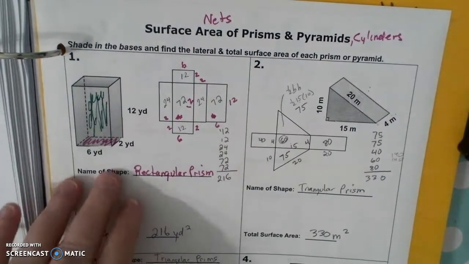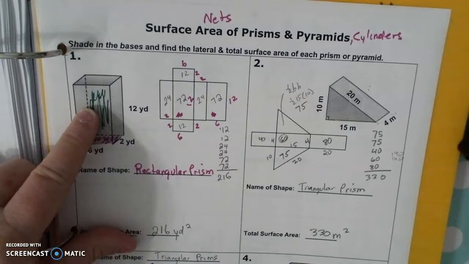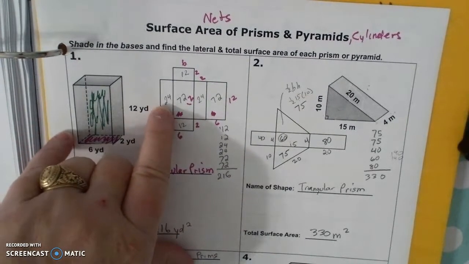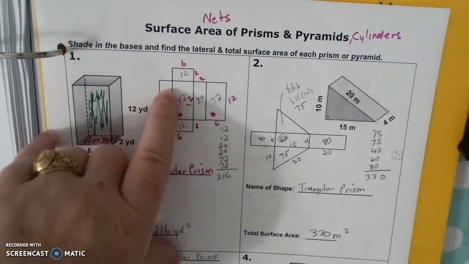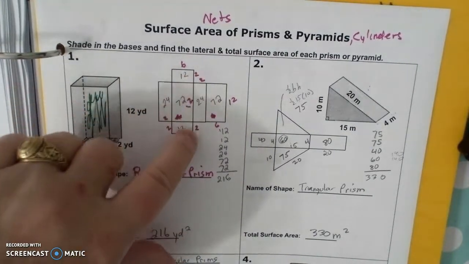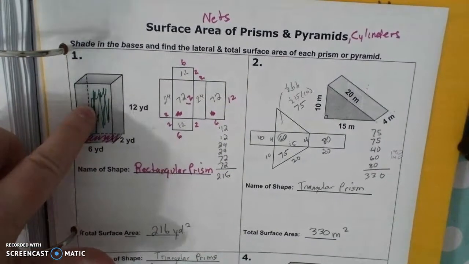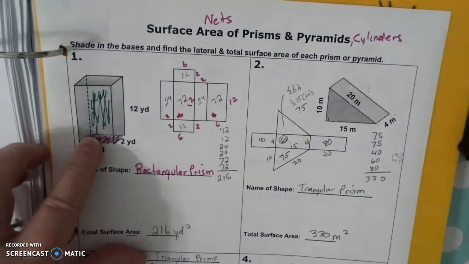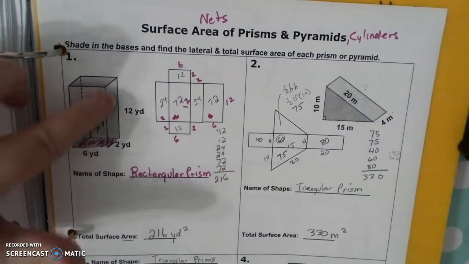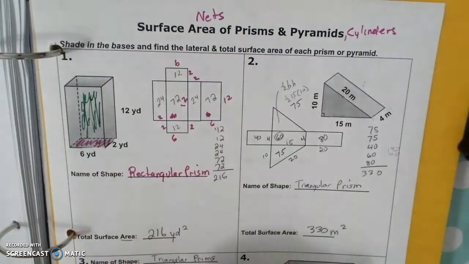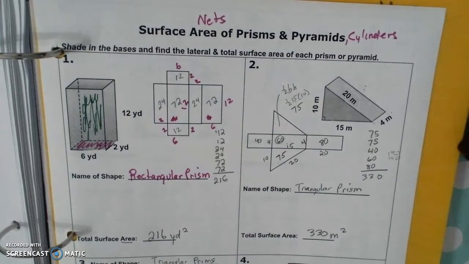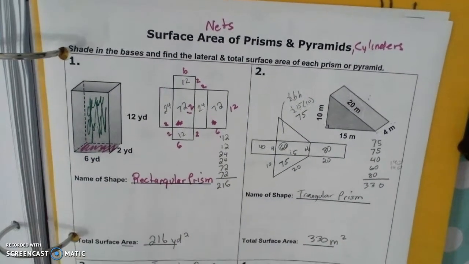So the way this is related is we have a three-dimensional thing and we opened it up and we actually made a composite figure and calculated the areas of all the pieces, and then that told us how to do the area if we were to paint or wrap or just cover every side for total surface area.